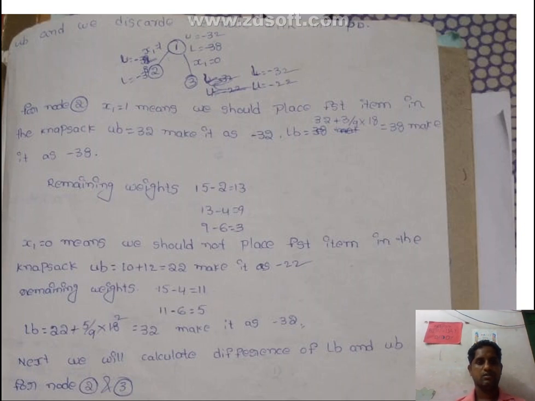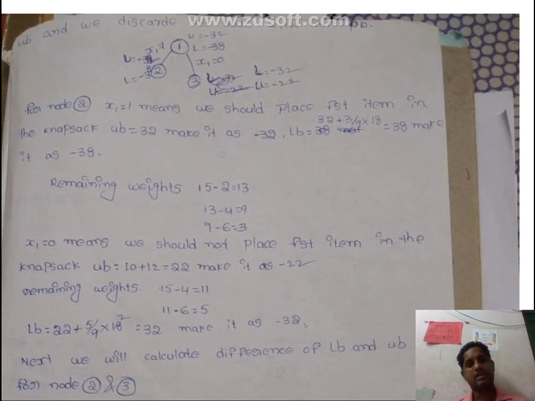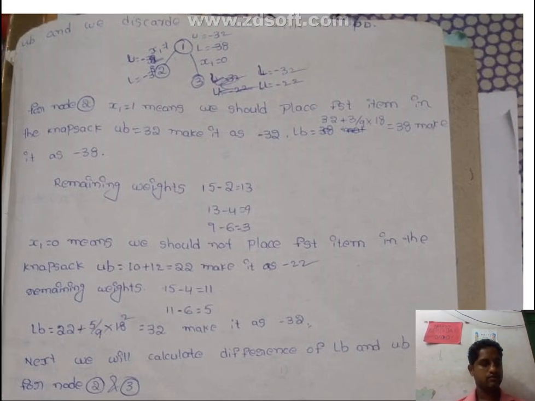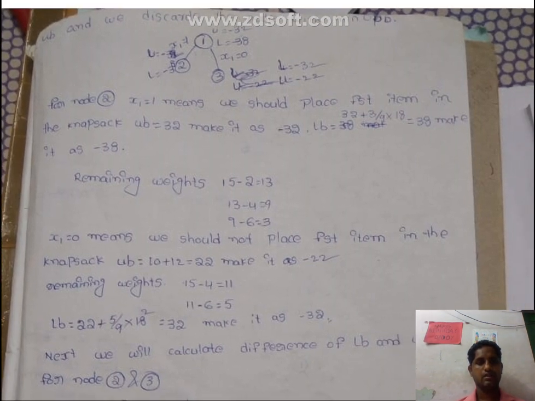The remaining weight is 15 minus 2 equals 13, 13 minus 4 equals 9, and 9 minus 6 equals 3. Now x1 equals 0 means we should not place the first item in the knapsack, so we do not consider its profit 10.